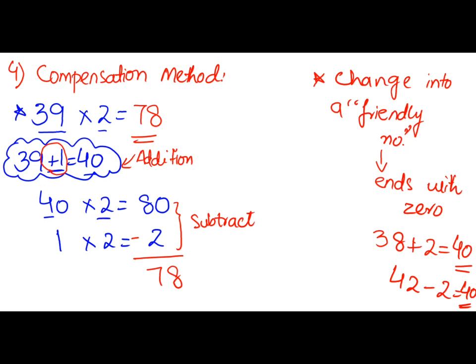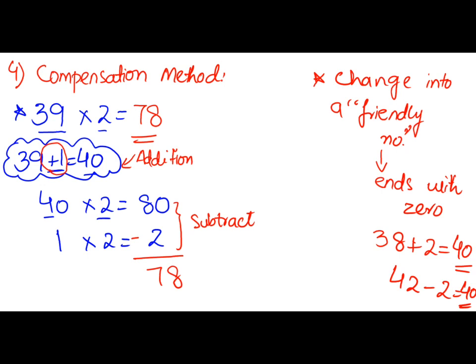There is one point: why do we change one number into its friendly number, which ends with 0? Because it is mentally easy for us to do the multiplication. As it is mentally easy, that's why we use the compensation method.